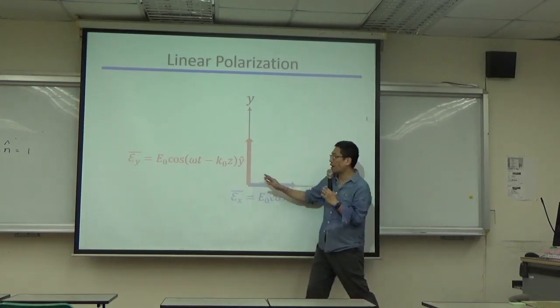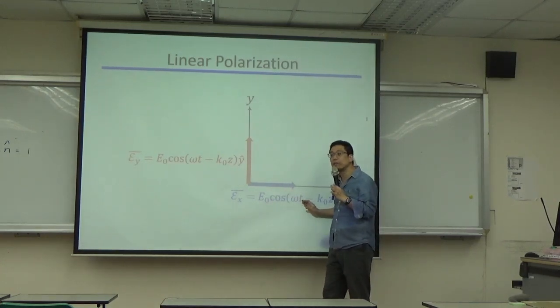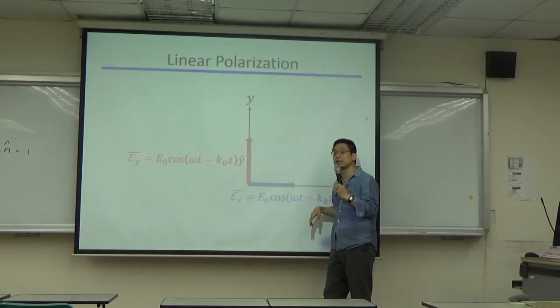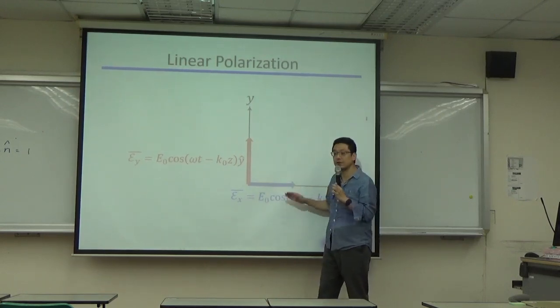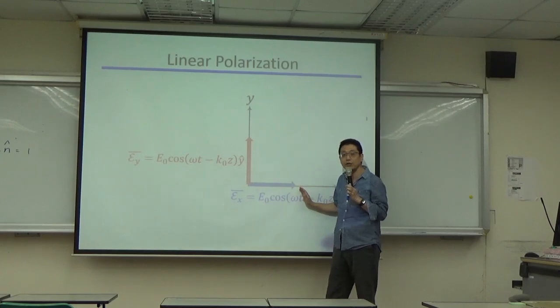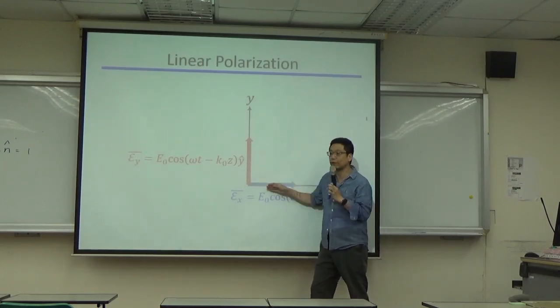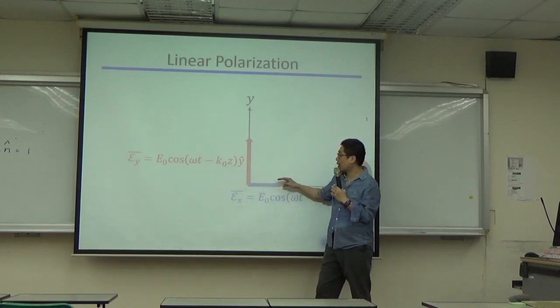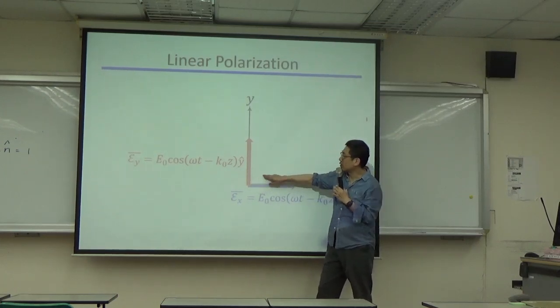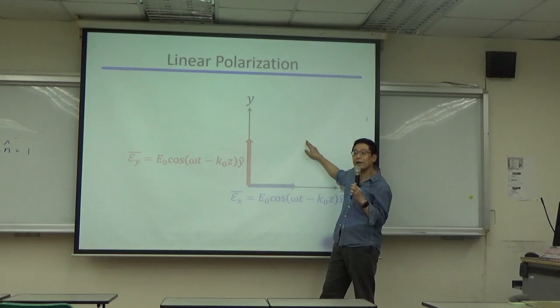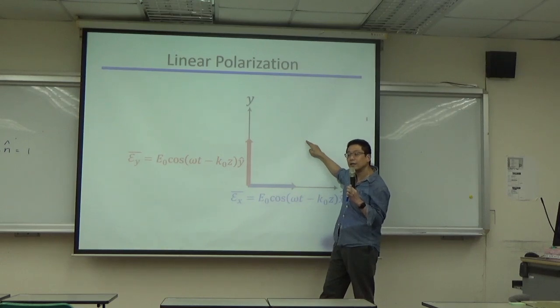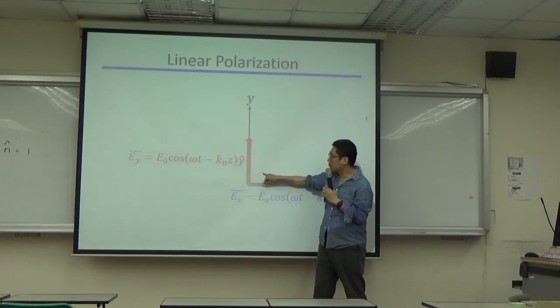Their phases are identical, meaning the same. If their phases are the same, this is linear polarization. What is the result? If I put these E fields together, I will have my resulting E field in this direction, with the x and y components together. This is our E field.